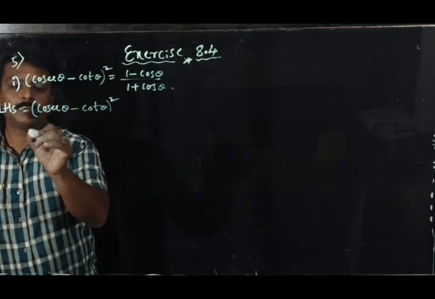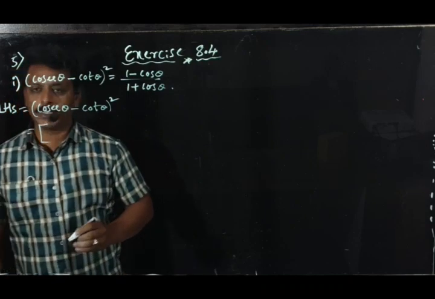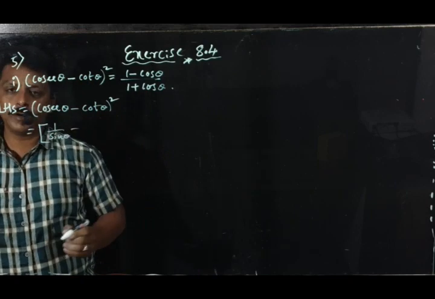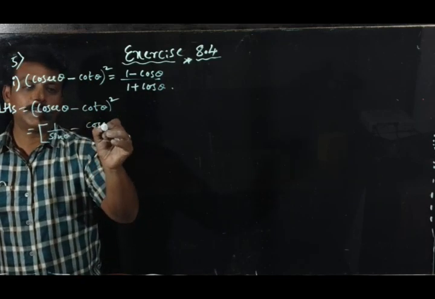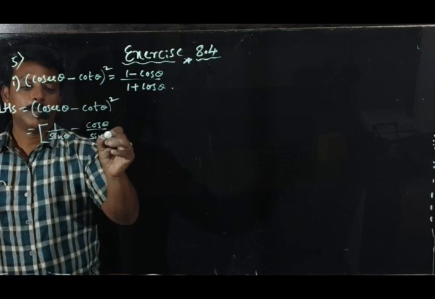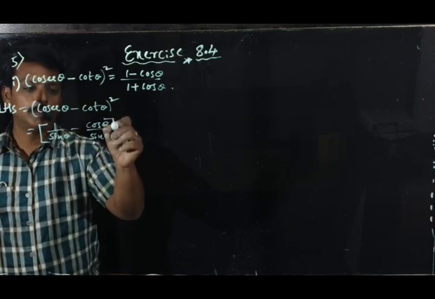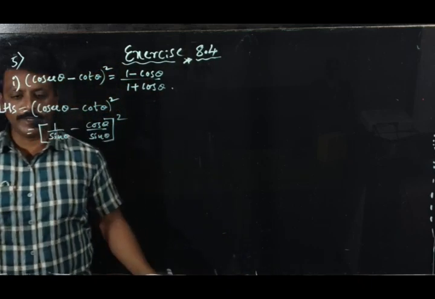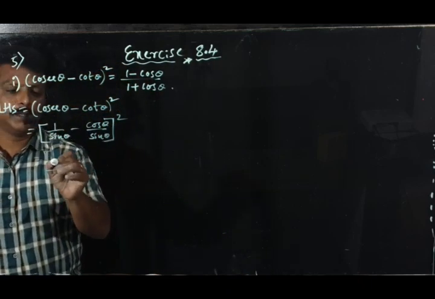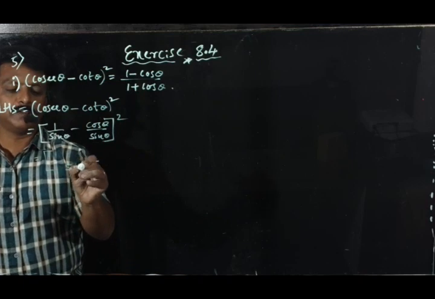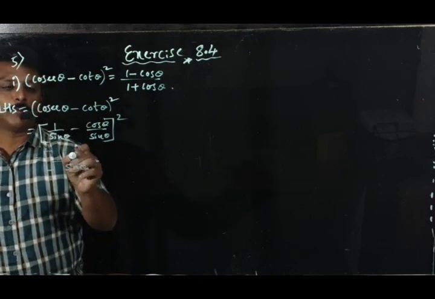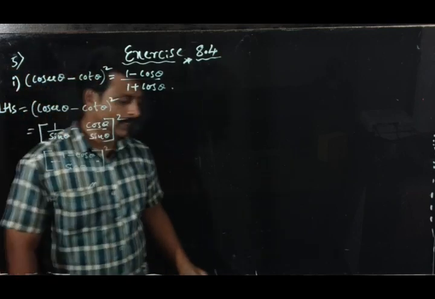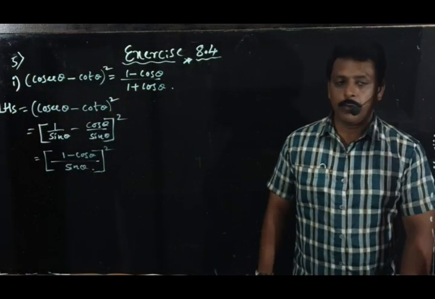Converting cosec in terms of sine, it is 1 by sine theta minus cot, which can be written as cos theta by sine theta, whole square. What to do now, sir? You have to find the LCM of the denominator, which is sine theta. Then in the numerator, 1 minus cos theta, bracket square.